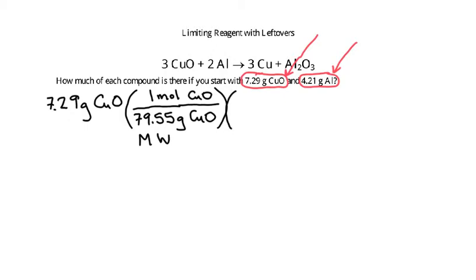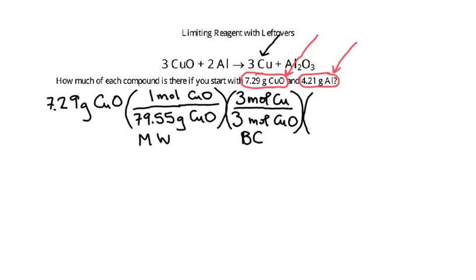And we're going to just pick copper. In order to determine which one is the limiting reagent, it doesn't matter which one of the products we pick. We're just going to pick copper. So from the balanced chemical equation, 3 moles of copper 2 oxide yields 3 moles of copper. And so that's from the balanced chemical equation, the molar ratio from those coefficients.